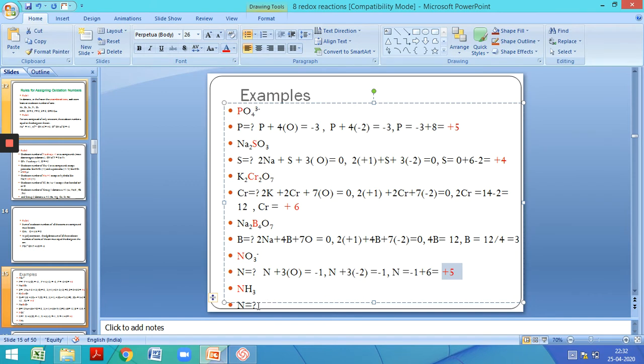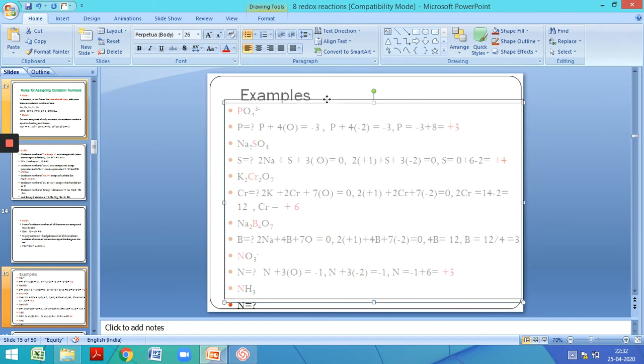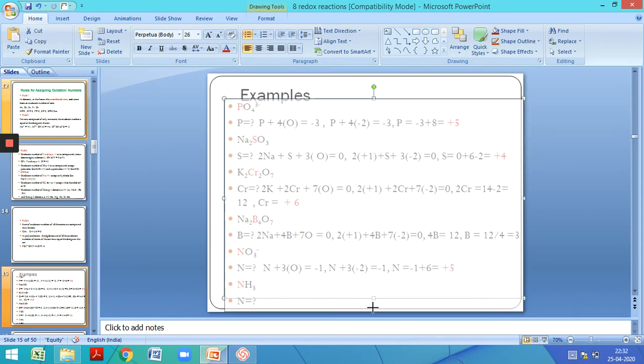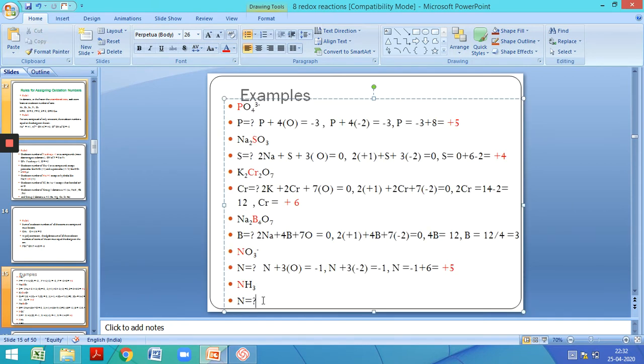And the oxidation number of nitrogen in ammonia is the last example I'm going to take. So nitrogen in ammonia: nitrogen plus 3 hydrogen atoms. The sum of the oxidation numbers is equal to 0, since this is a compound.